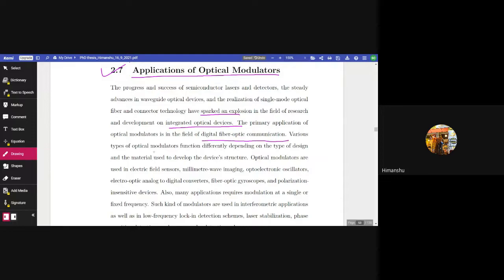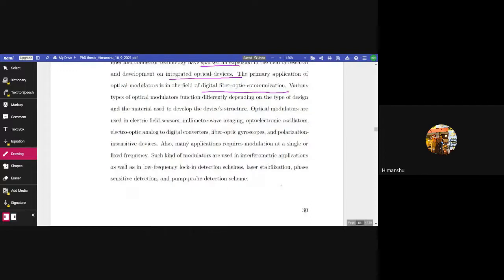Various types of optical modulators function differently depending on the type of design and the material used to develop the device's structure. Optical modulators are used in electric field sensors, millimeter wave imaging, optoelectronic oscillators, electro-optic analog to digital converters, fiber optic gyroscopes, and polarization insensitive devices.